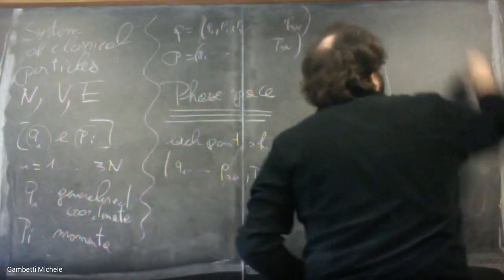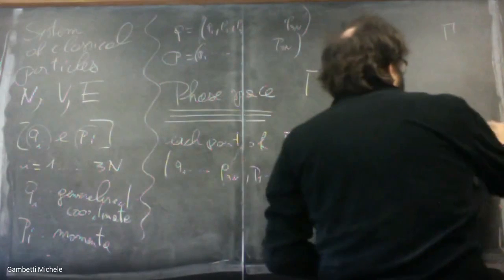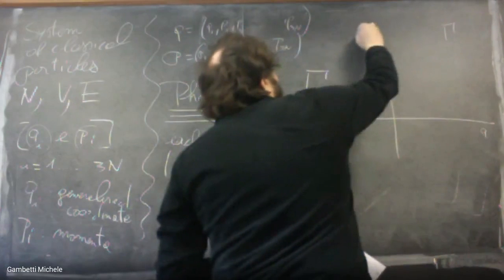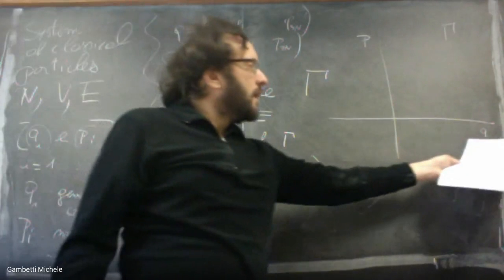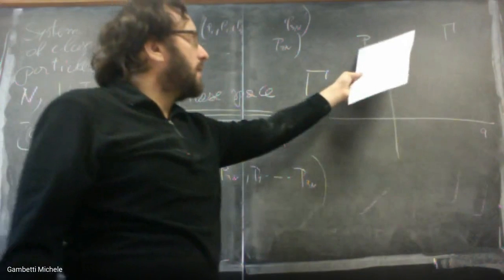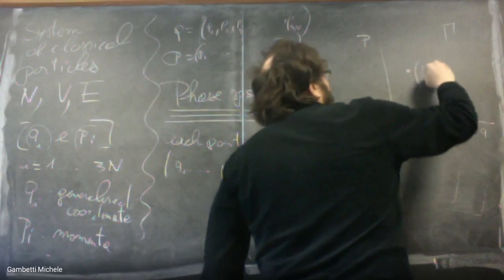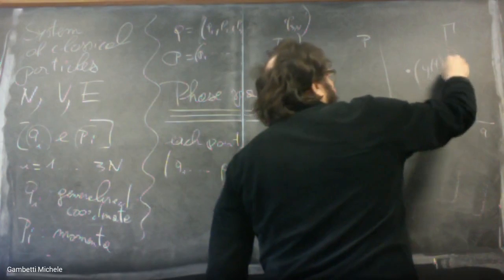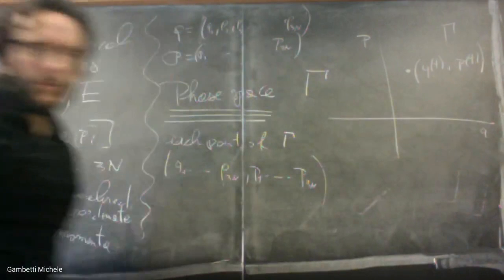If I were to make a plot of the phase space gamma, it is a space having as axes, for instance, Q here and P here, but of course there are 3N Q axes and 3N P axes. Then we have a point here, which is Q, in principle a function of time, and P, also in principle a function of time.